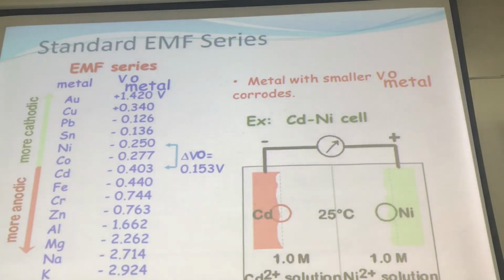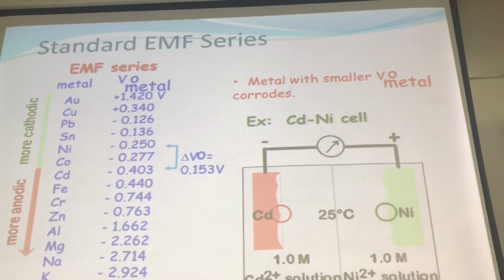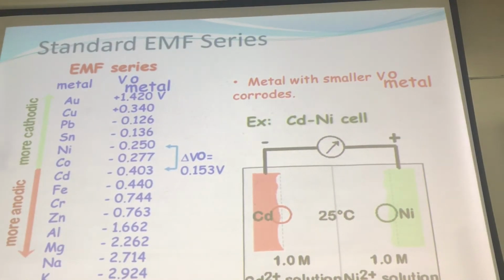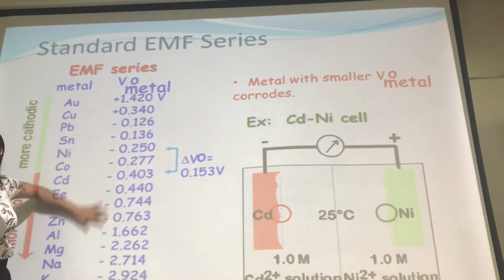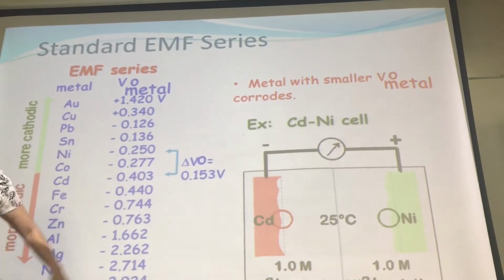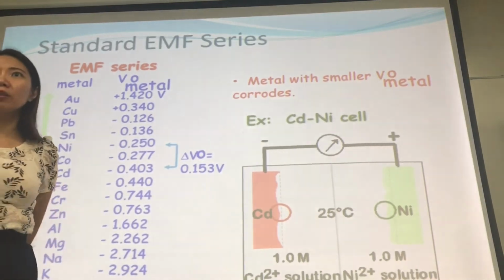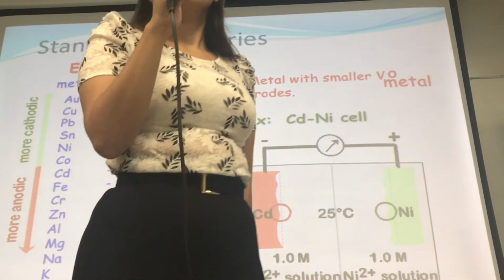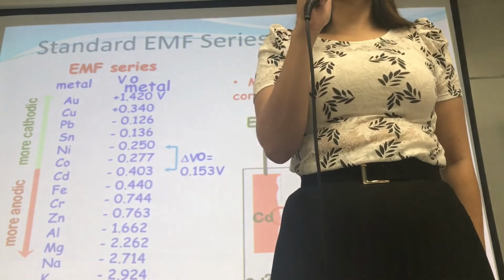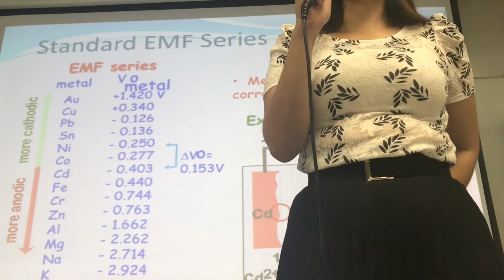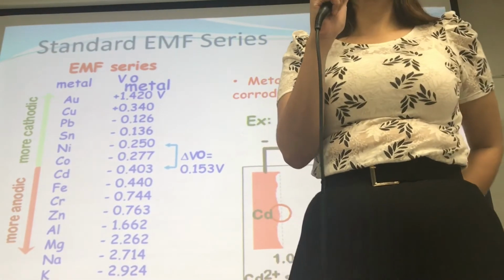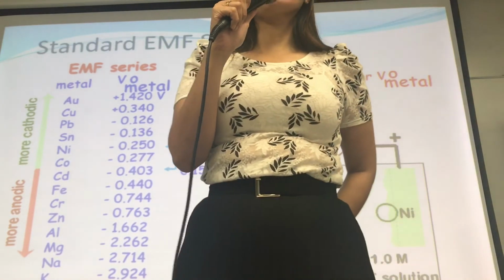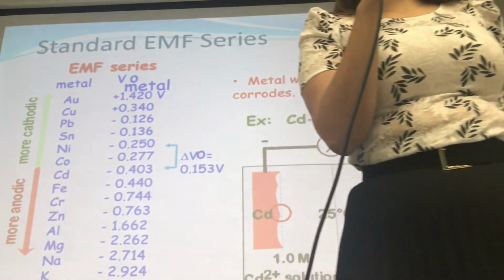How about this? I already told you that these are all in the standard series. We measure them in a half cell in standard condition. But in real life, what do you think? You have electrolyte at 25 degrees Celsius.